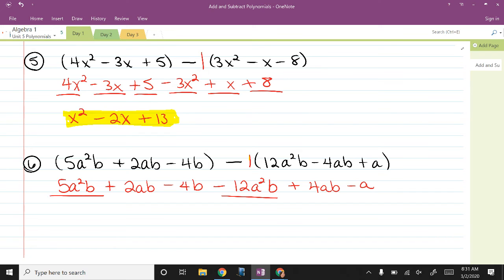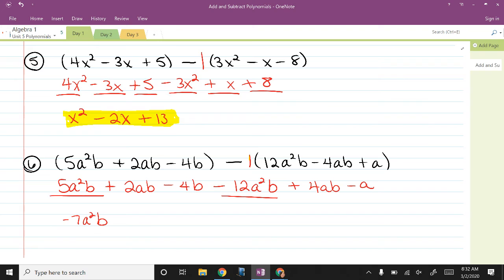So what is 5a squared b minus 12a squared b? -7a squared b. Y'all with me? And that's all my degree threes I got going on. So if you have any other degree threes that are not like terms with those, you would take those on as well.